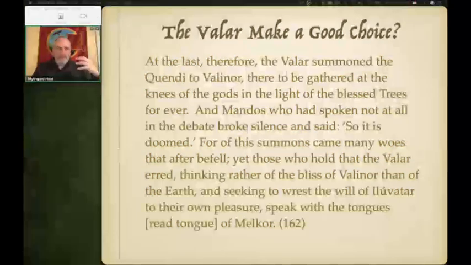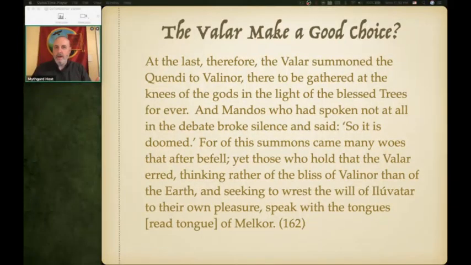This element, the Valar screwing up, and inviting the elves to Valinor when they shouldn't, is one of the one sentence summaries he gave of the whole Silmarillion, right? So it's a core element of the mythology, and therefore I could only see him waffling on that. Genuinely himself waffling on it.